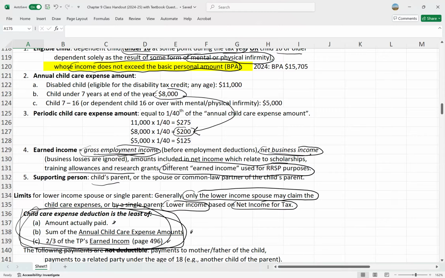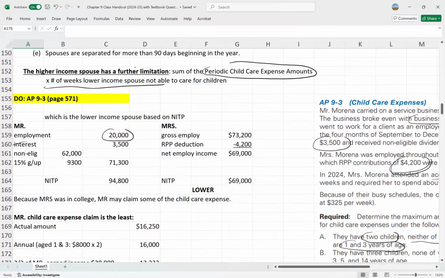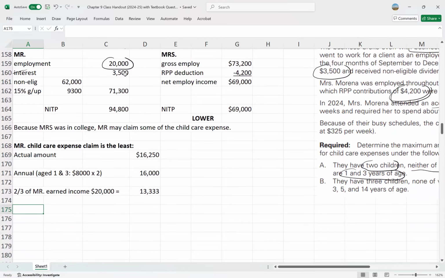So basically this is saying that for every week she cannot take care of the kids, he can claim $200 per week per child. So the fourth limitation is going to be the periodic amount, which in this case for the 1 and 3-year-old is going to be 200.